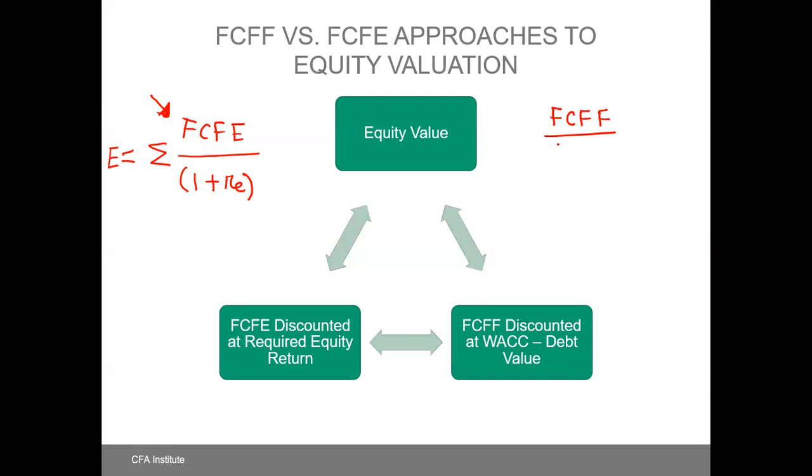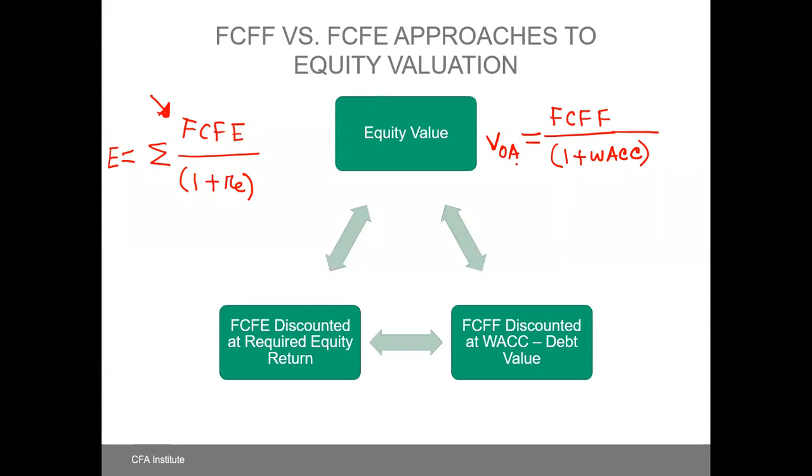So the discount rate, or the interest rate, that I'll be taking in the denominator should be a reflection of the average cost of capital, or ideally speaking, the weighted average cost of capital. So if I use this, I will get something which is called the value of operating asset of the firm.